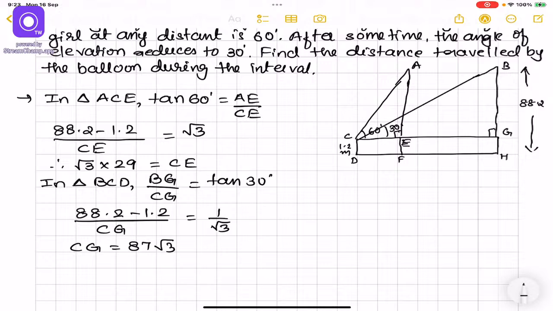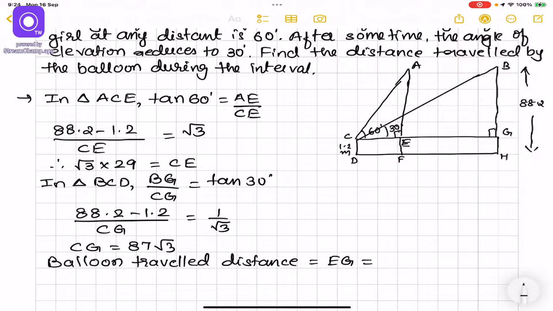So now the balloon traveled distance equals EG, which is equal to GC minus EC. That is 87 root 3 minus 29 root 3, which comes to 58 root 3 meter.